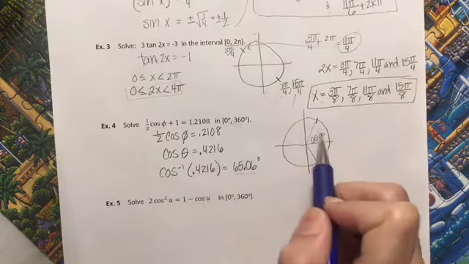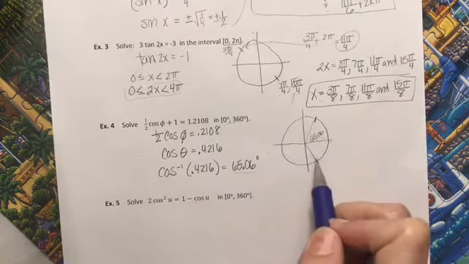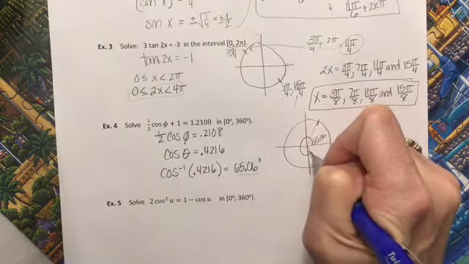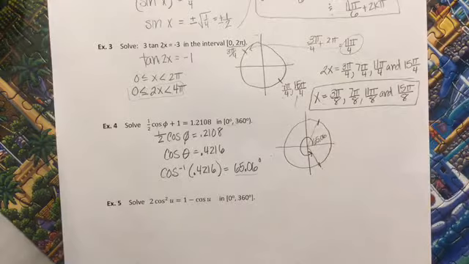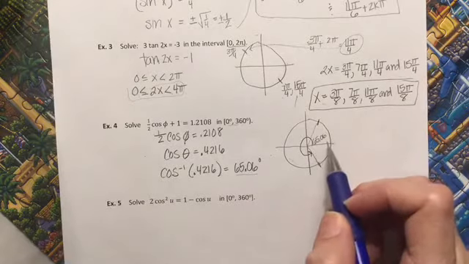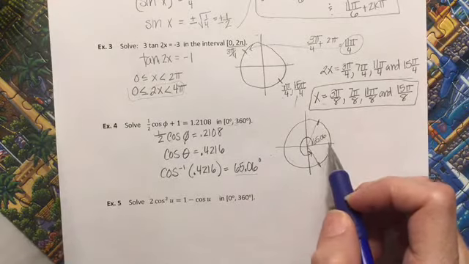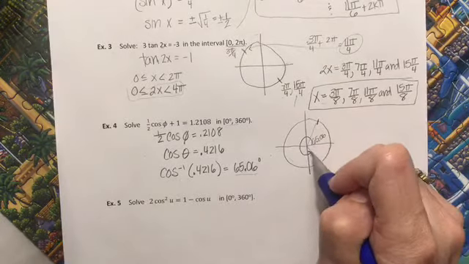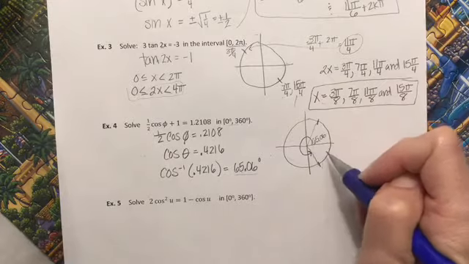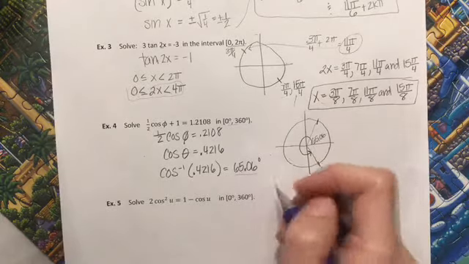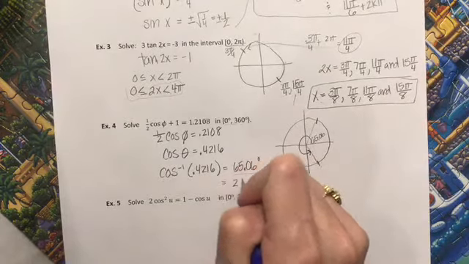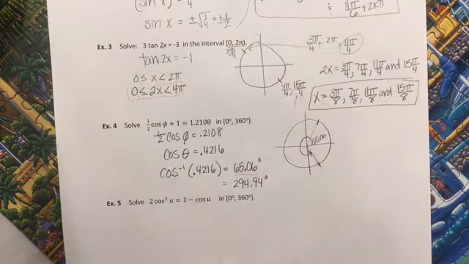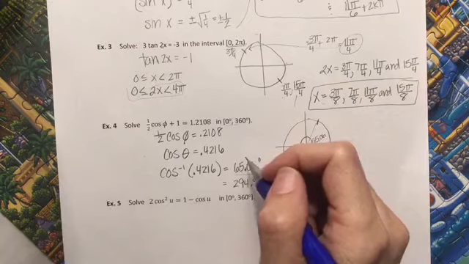To stay in this interval, we've got to go all the way around and see what is the measure of this angle. And in order to find that, you're just going to take 360 and subtract 65.06, so you're going to take out that part. When you subtract, you get also 294.94 degrees.